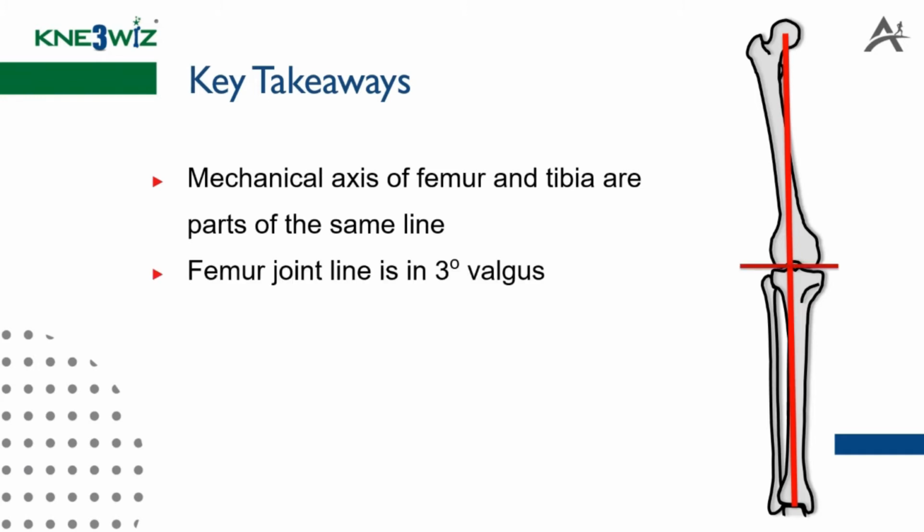Secondly, the femur knee joint line is in 3 degrees of valgus to the mechanical axis, and the tibia knee joint line is in 3 degrees of varus to the perpendicular to the mechanical axis.